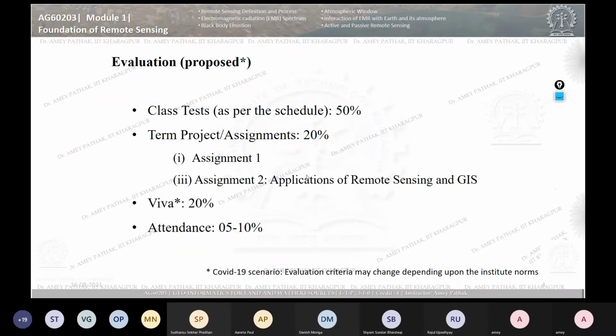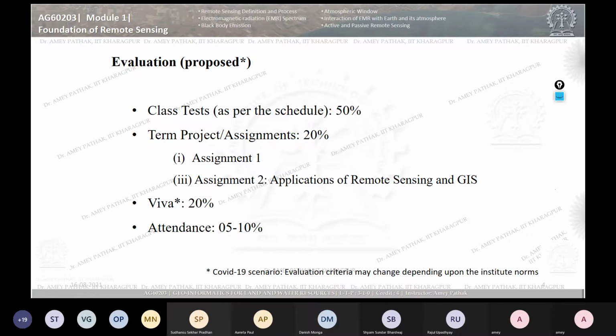Those of you who have joined this course, this is the first class for those of you. Again, I'm proposing this evaluation policy. Class test will be 50%, which will be according to the schedule given on the institute website.